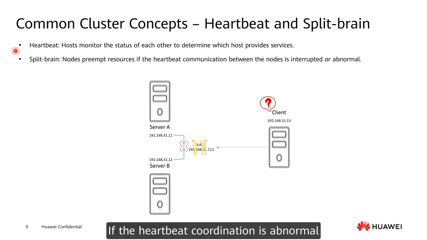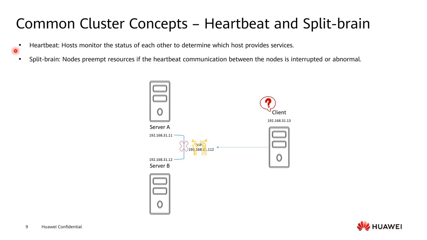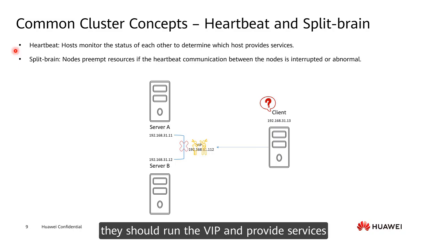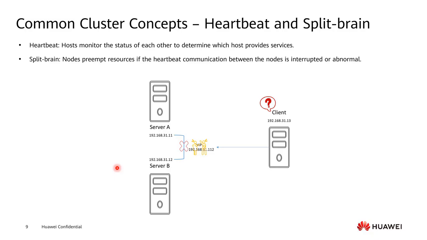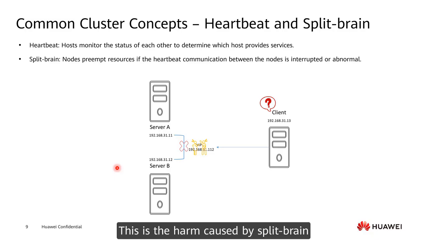If the heartbeat coordination is abnormal, multiple hosts in the cluster may think that they should run the VIP and provide services. As a result, multiple VIPs appear and the client side cannot access the services normally. This is the harm caused by split brain. A good HA cluster software can effectively avoid the split brain phenomenon. When we introduce specific HA cluster software, we will also introduce how they prevent split brain.